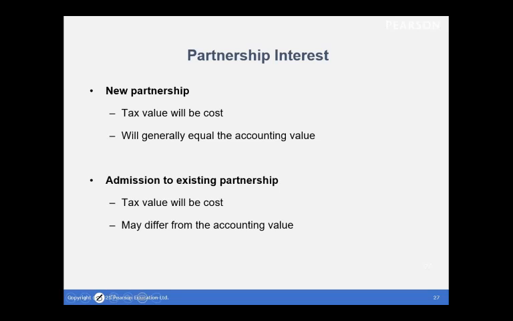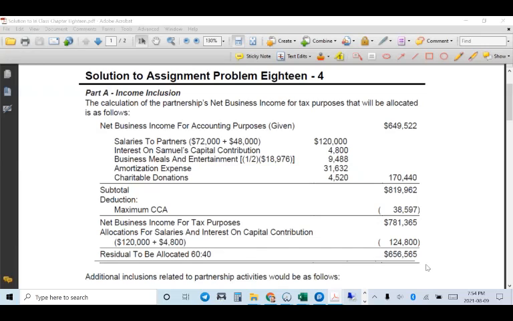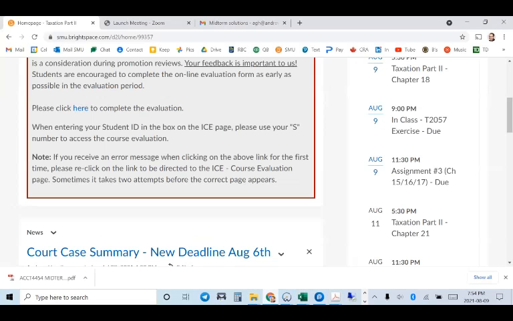So there's an in-class question here that I want to have a look at. I'm going to share the solution here. You have this on Brightspace, and you may or may not have actually looked at this question already, but it's problem 18-4 from the text.